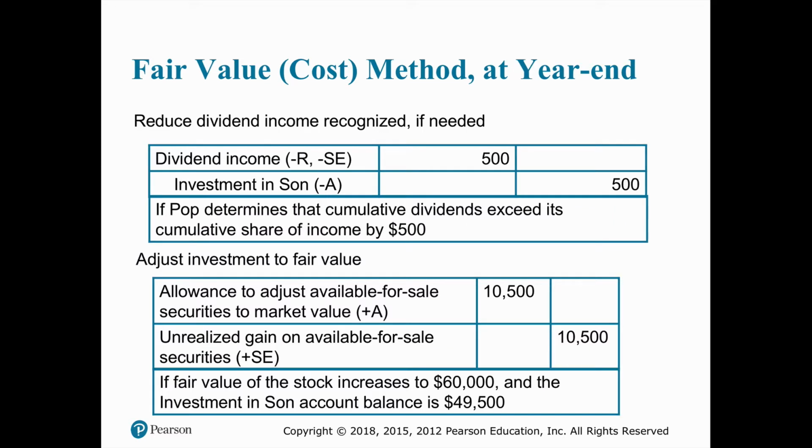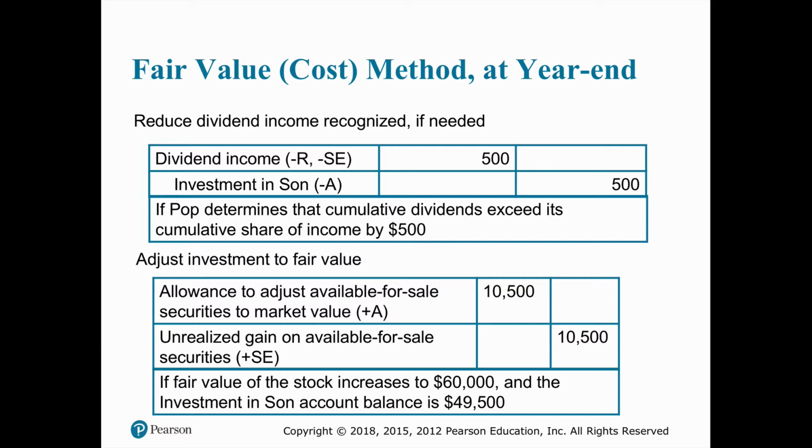But we assume at the end of the year, Bob reduced the dividend income recognized, maybe because the cumulative dividends exceed the cumulative share of income by 500. In this case, we debit dividend income and we credit investment in Sun.